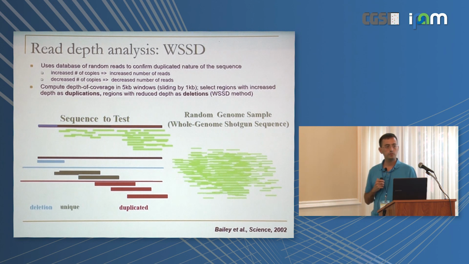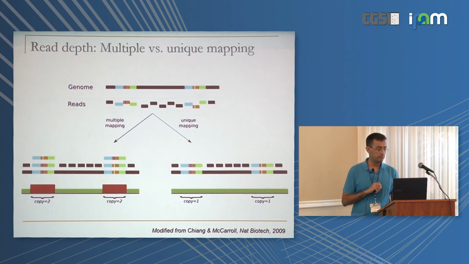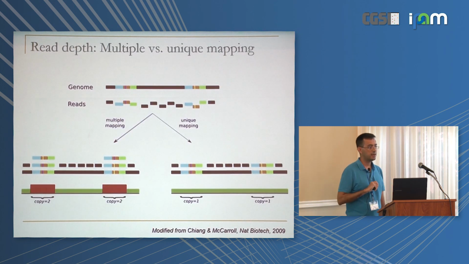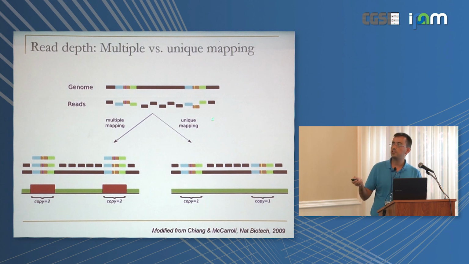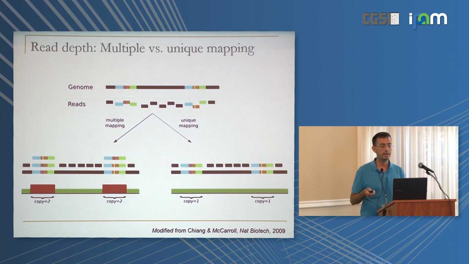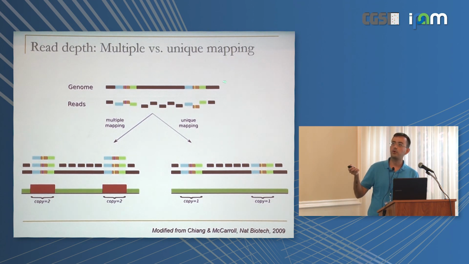So why do we use the multiple mapping locations? Again, this is specifically for duplications, because if we have this genome and we have this duplicated region, and then we have the reads, if we map them to unique mapping locations, everything will just look normal. You're not going to see any increase in copy unless we have a third copy of this one.